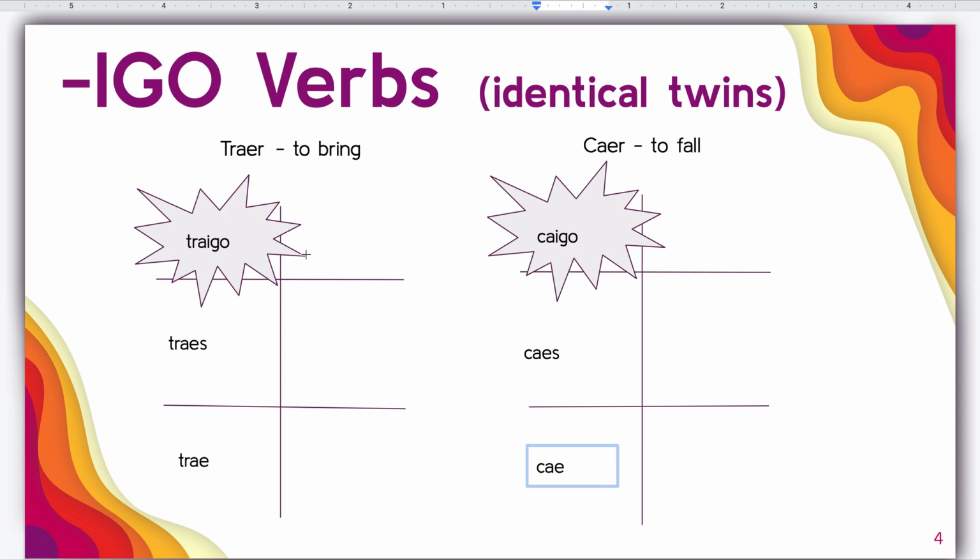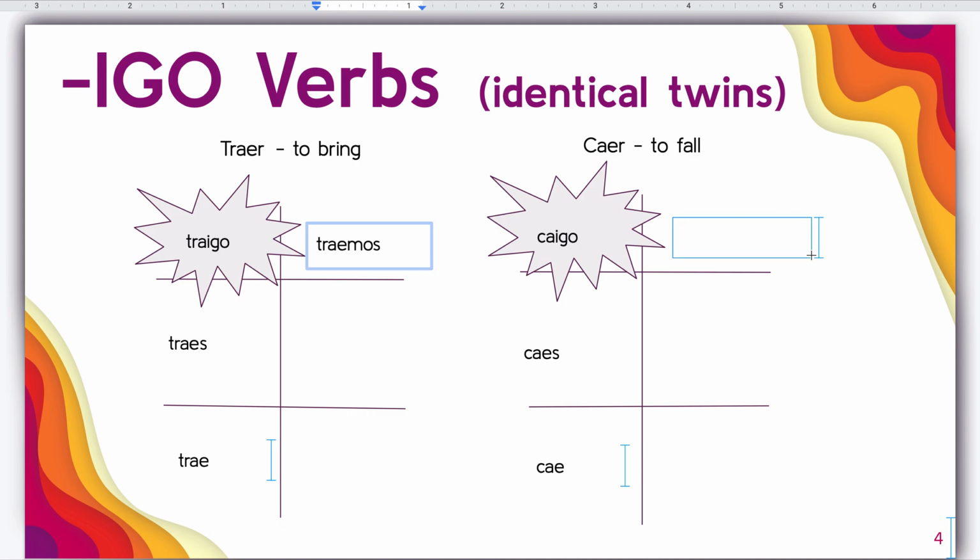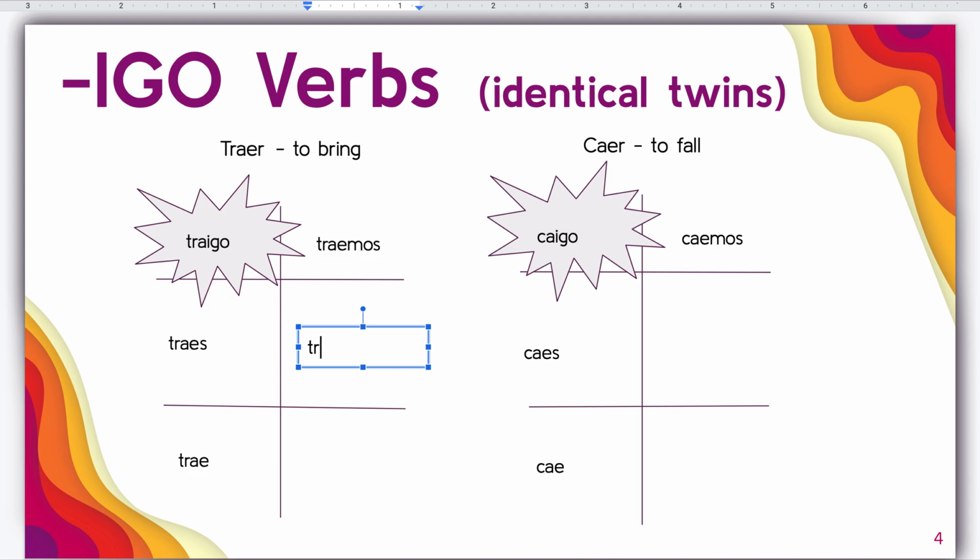These are both ER verbs, so the nosotros form of traer is traemos. And then the nosotros form of caer is caemos. That's not right. Let's try that again. Caemos. There we go. All right, vosotros, ER verb, so it is going to be traéis.